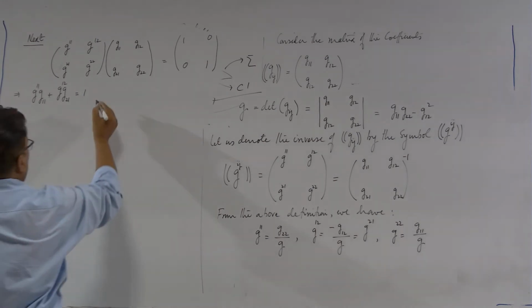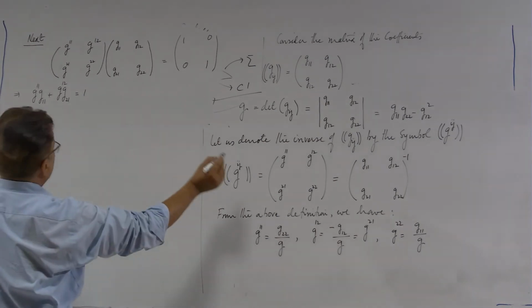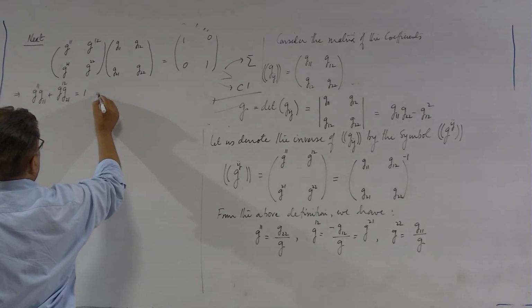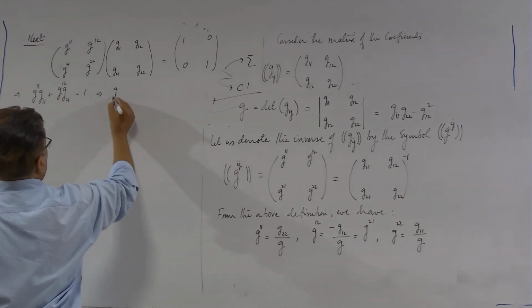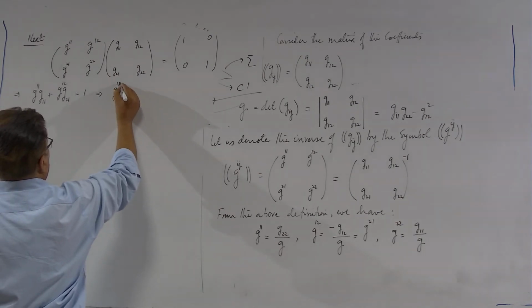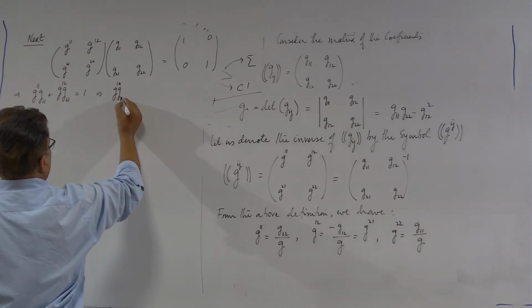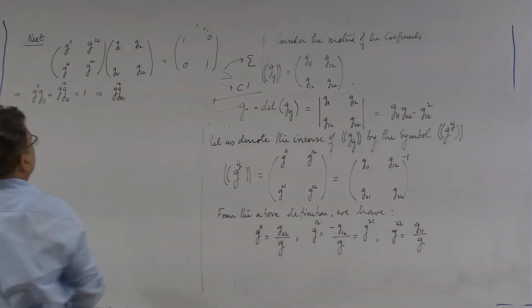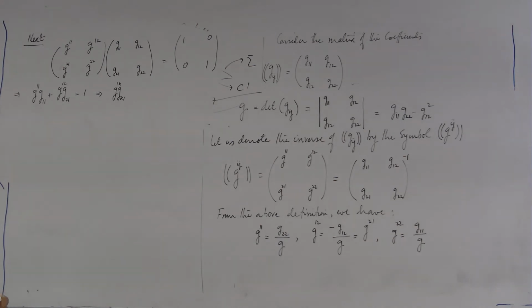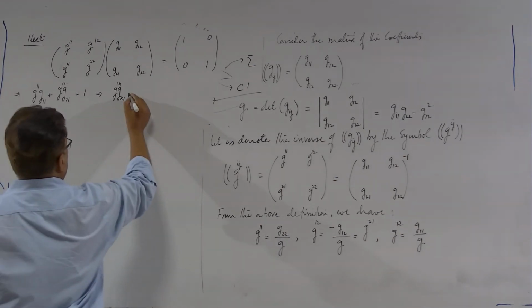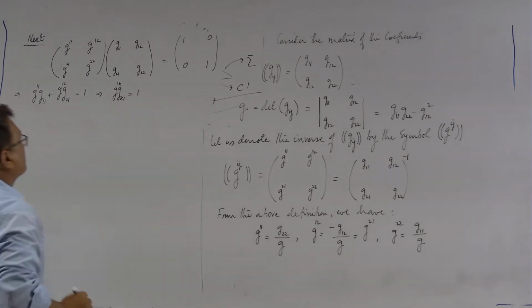And if you adopt the Einstein summation convention, this would also imply G upper 1k into G lower k1, where k is running from 1 to 2, equals 1.